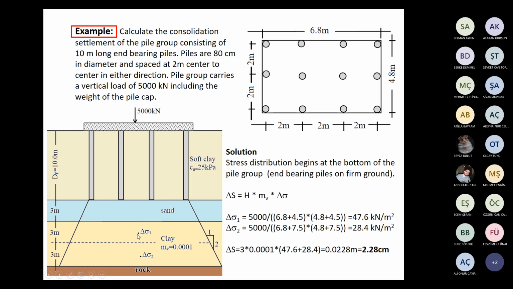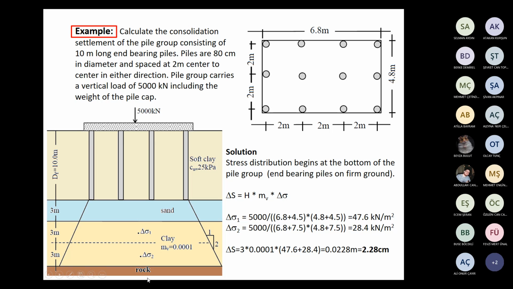We will add depth of this layer. We have 3 meters here and 1.5 meters, total 4.5. So 6.8 plus 4.5, 4.8 plus 4.5. Then delta sigma 1 is 47.6 kilopascal.